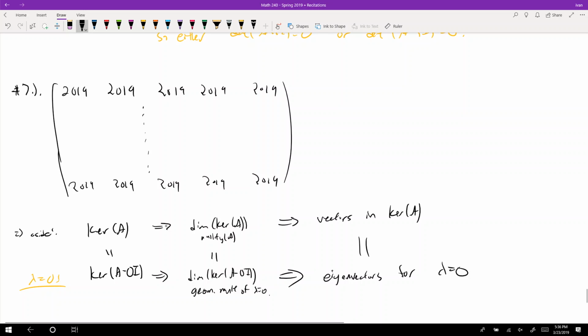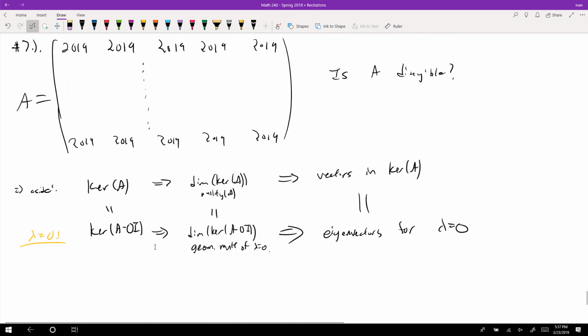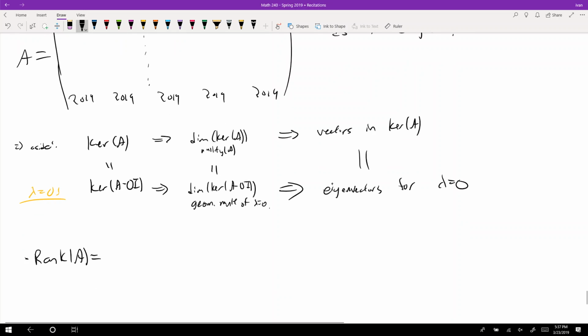Okay, so this is: is A diagonalizable? That's what the question is. That matrix is A. Okay, so we start off by saying, what is the rank and what is the nullity of A? Yeah, the rank is 1, right?